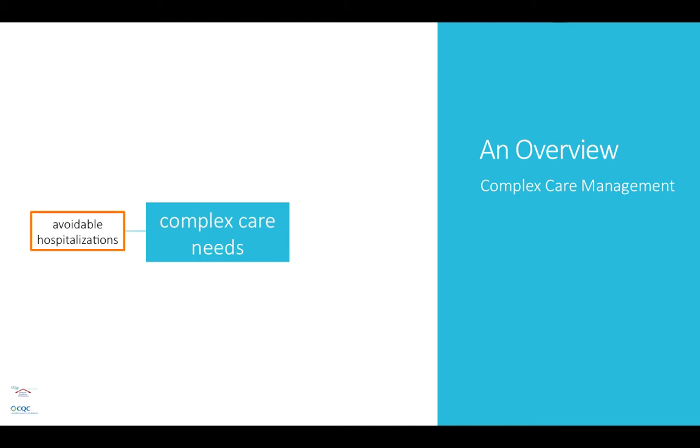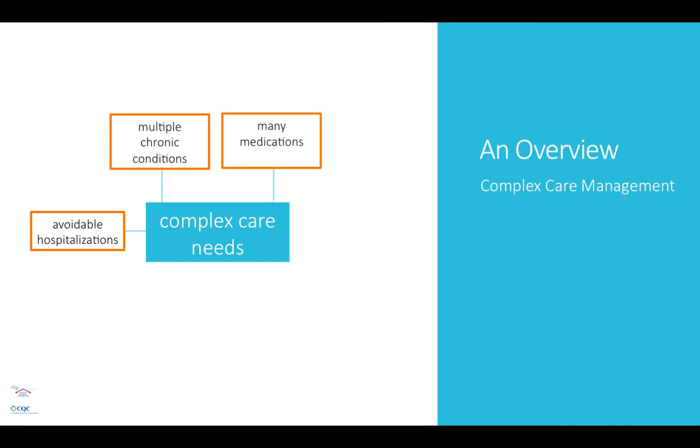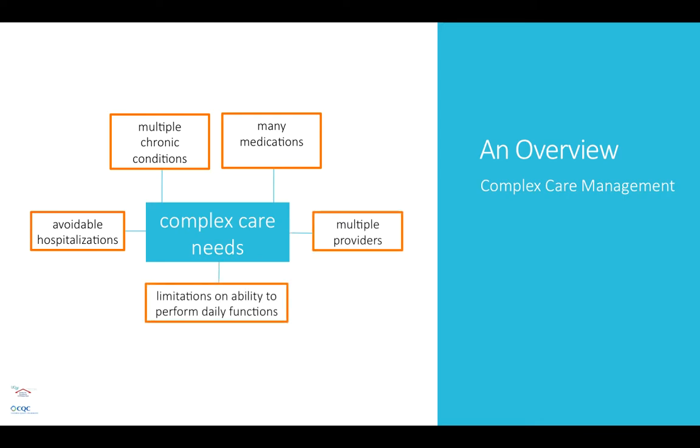But there may be other signs that can be identified before they are hospitalized. These include having multiple chronic conditions, many medications, multiple providers, and limitations on their ability to perform basic daily functions.